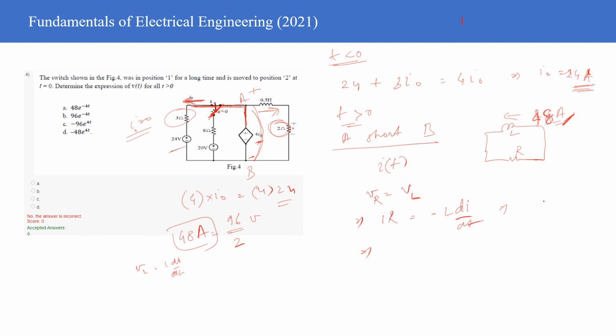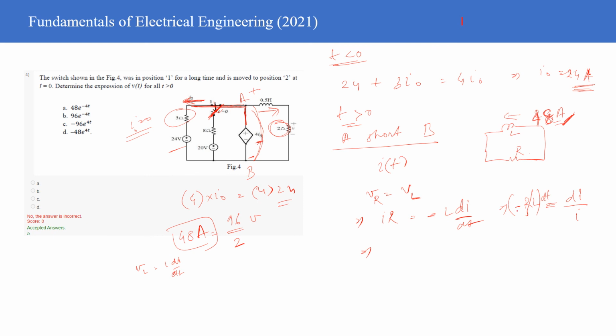So it will be di divided by I, and this will be minus R by L, right? Sorry, not R into L, R divided by L. And the minus sign is there because this minus sign is present, and di by I, and you will be integrating it with respect to dt.